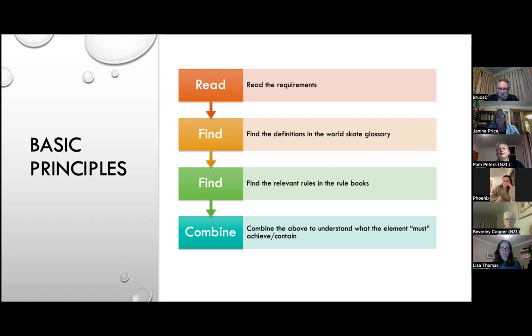So I read the requirements, I find the definitions of anything I don't know or I'm a little confused about in the World Skate Glossary, which you'll find in the general rules book. And then I go to the relevant rule book. So tonight we're going to start with spins, so we'll go to the free skating rule book. And then I take all the bits of information that I find and put them together to come up with what I hope is the right answer.